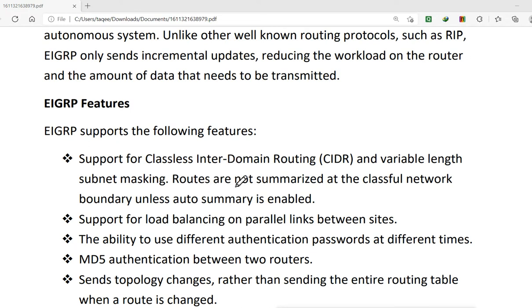In OSPF we create multiple areas, and we create those areas only for doing route summarization. And route summarization is what? Reducing the routing table to a single entry. If you have hundreds of entries in the routing table, we can reduce those hundred entries into a single entry.